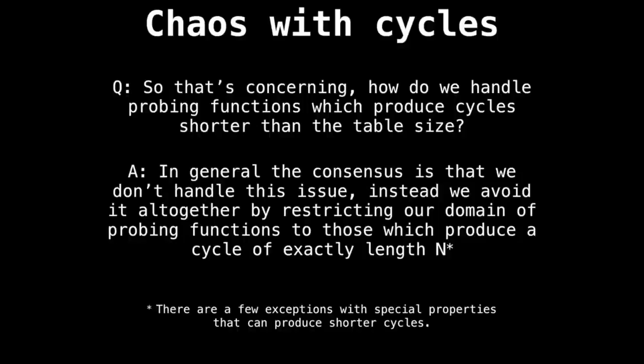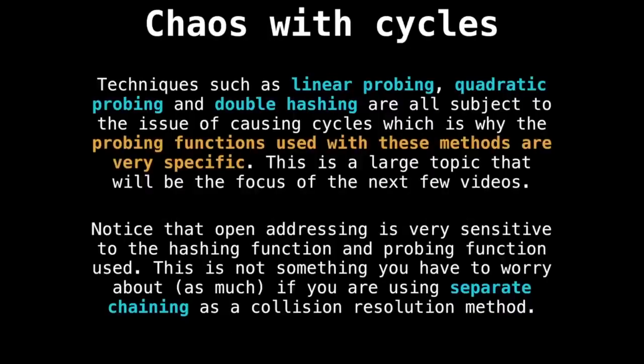And those probing functions do exist. I have a little asterisk here, and it says there are a few exceptions, and this is true. There are some probing functions we can use which don't produce a full cycle but still work. And we're going to have a look at, I think, one of those in the quadratic probing video.